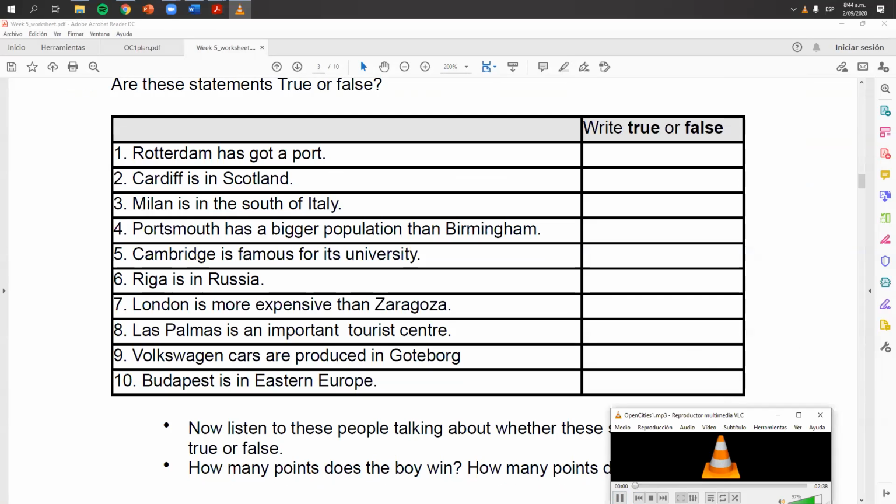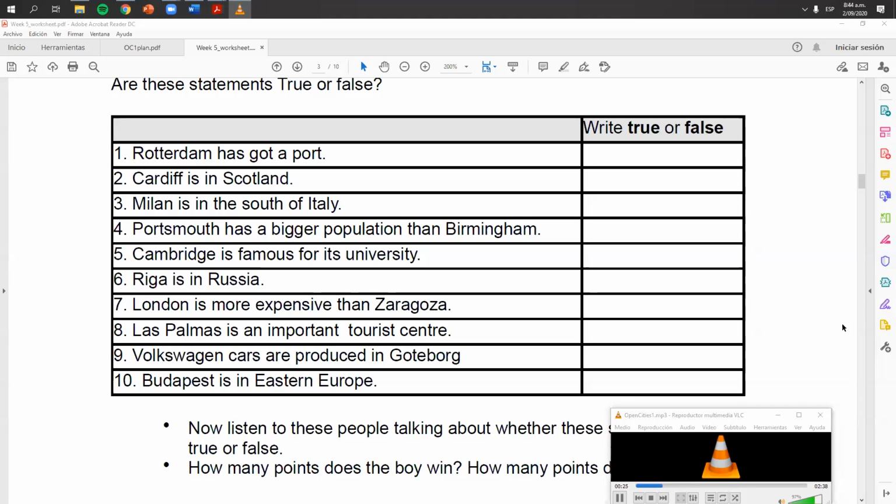Right. So it's 1 point for each correct answer. What do you think? Has Rotterdam got a port or not? Yeah, I think it has. Yeah, it has, definitely. In fact, I think it's one of the busiest ports in the world. Correct, both of you. Okay, next question.